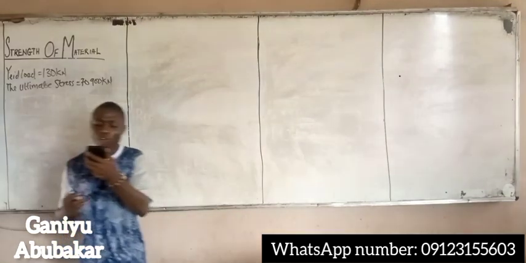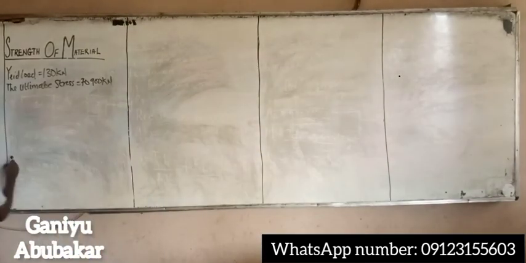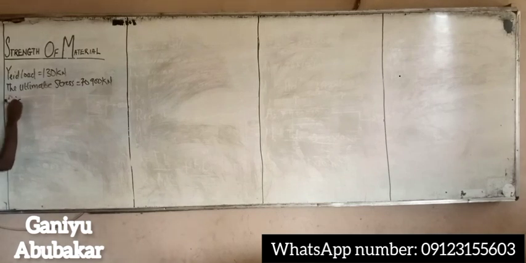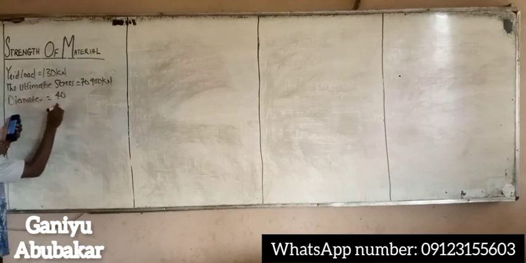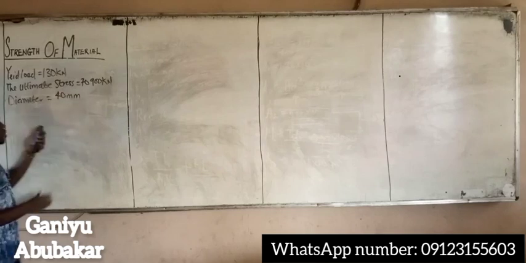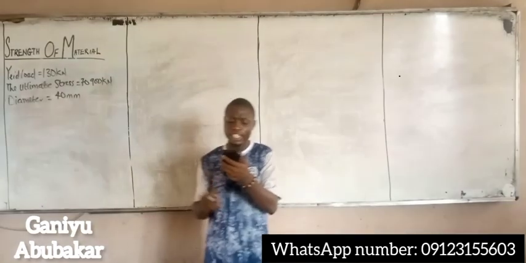If the diameter of the circular bar is 40 millimeter. I said in a tensile test run, the yield load is 130 kilonewton.